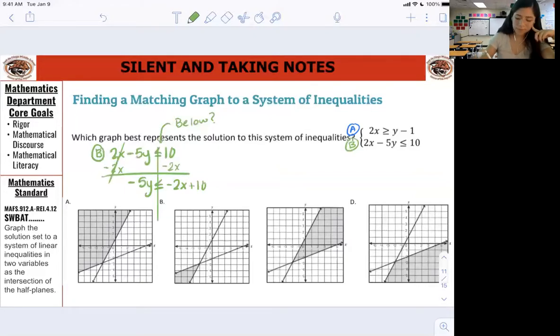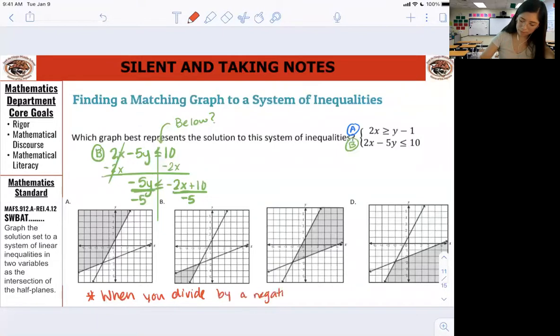Divide by negative 5, because we want to get that y all alone, remember? I'm dividing by a negative number, and that's the most important thing. And if you didn't know this, now you know. When you divide by a negative, the symbol will flip.